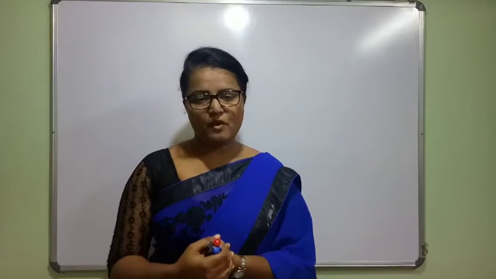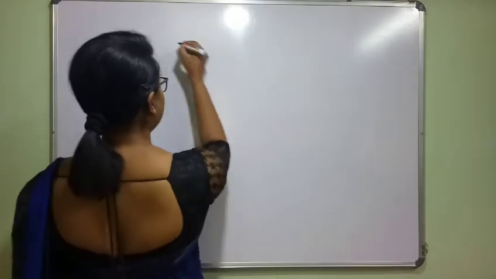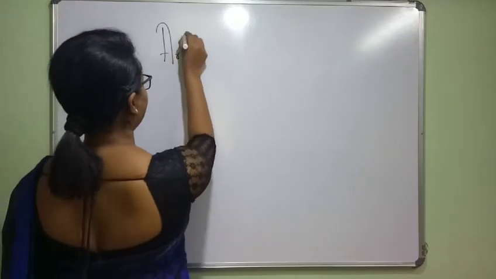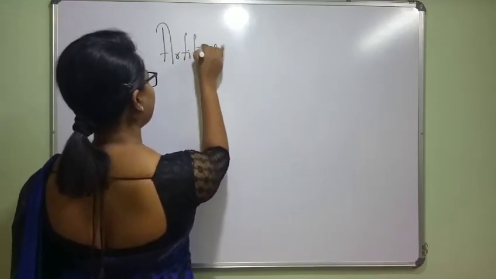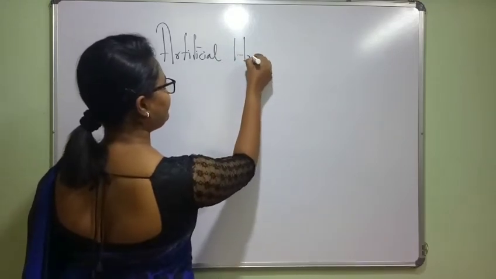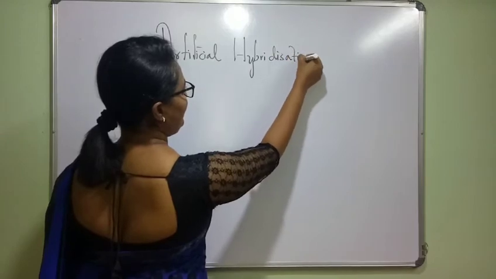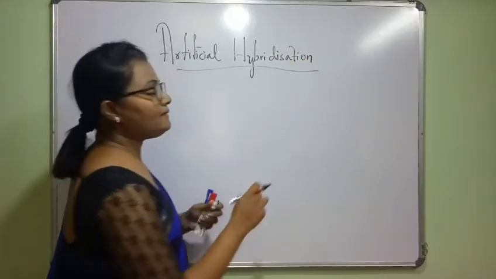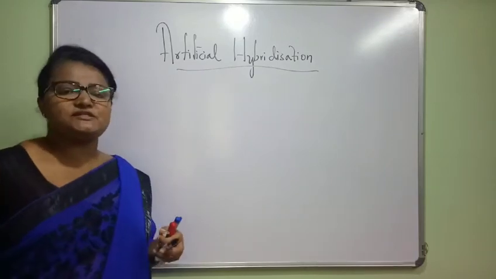There is one more concept related to pollination. That is also called artificial pollination, or artificial hybridization, or sometimes the hybridization technique.